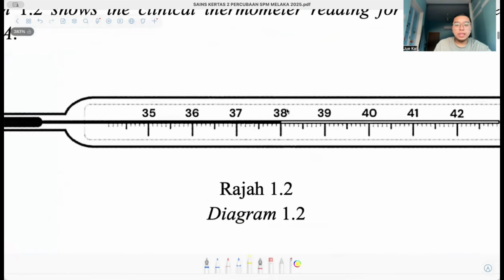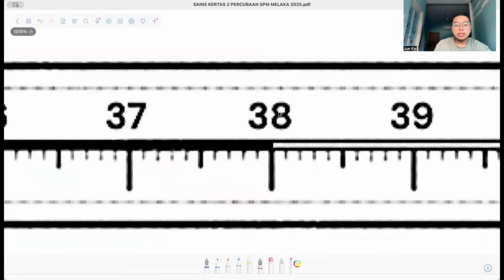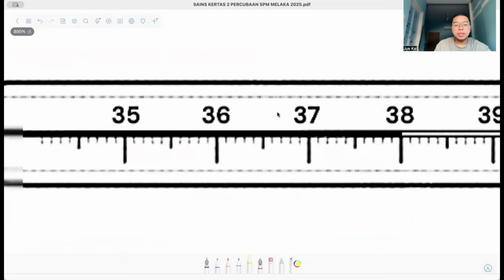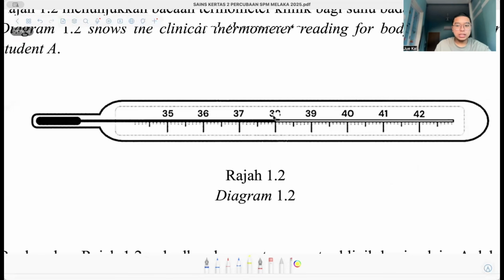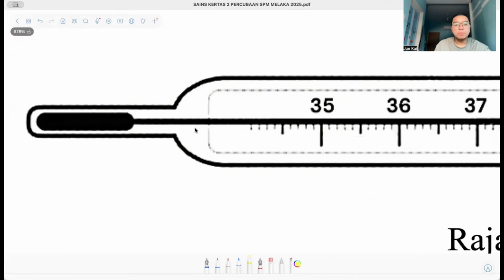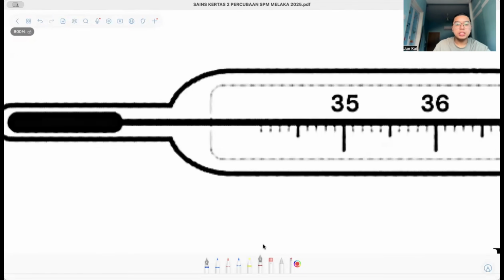Okay. You can see, it doesn't show you the specialty, but what is the specialty of a clinical thermometer? This is the basic thing you need to know.